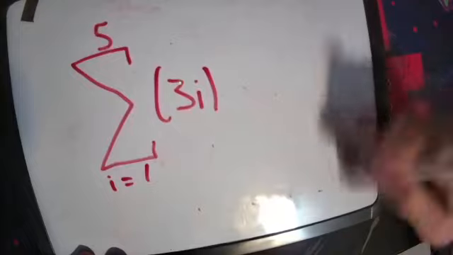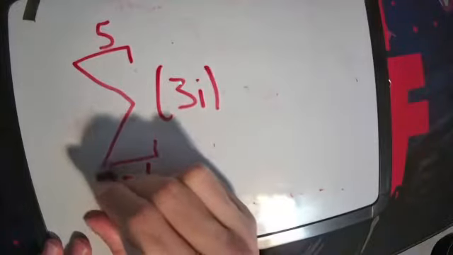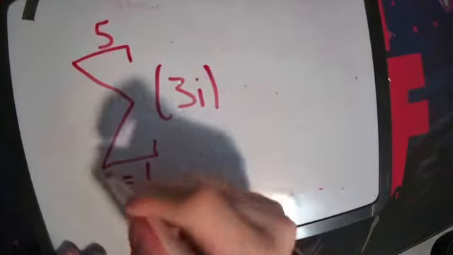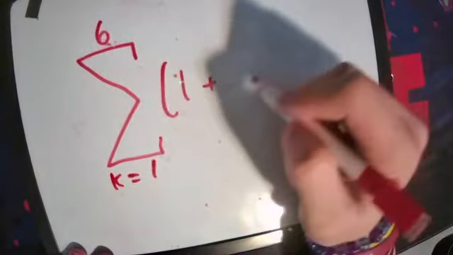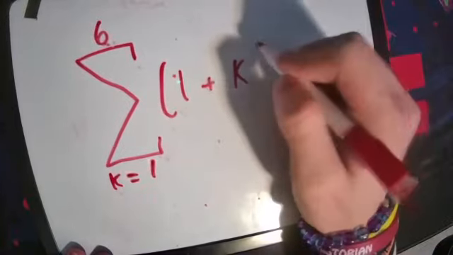Let's go on to example number 2. For this one, the index variable could be any letter. It doesn't always have to be i, so let's just say this is k. Let's write 6 on top. And for the expression, let's write 1 plus k squared.